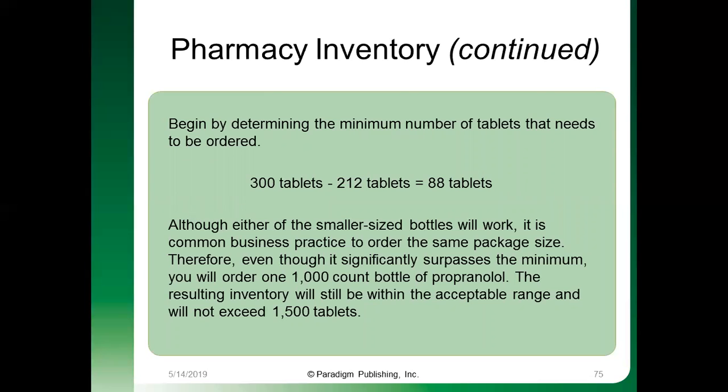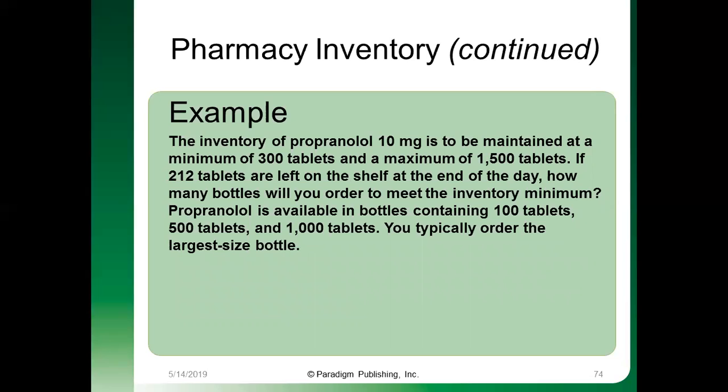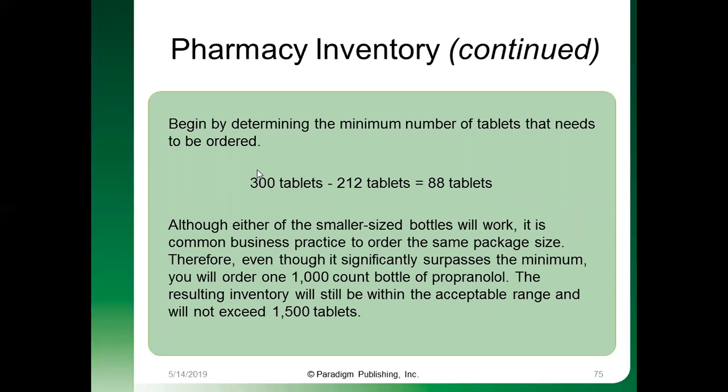So like we said, the maximum is 1,500. The minimum, I believe, was 300 tablets. So that's why we used the minimum and the quantity that we have in stock to find out how many minimum tablets to order. So that was 88.